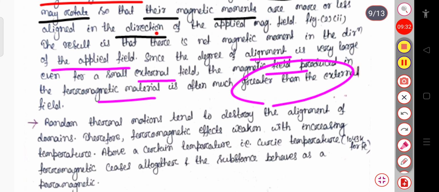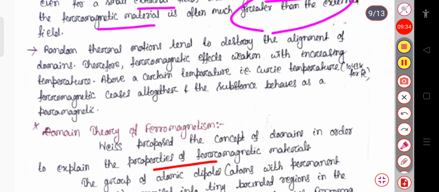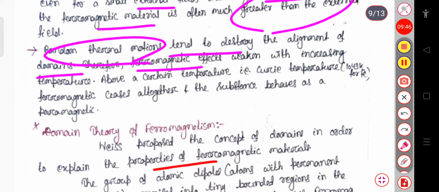Because of the random motion of the atoms, they tend to destroy the alignment of the domains. So the ferromagnetic effect weakens with increasing temperature.